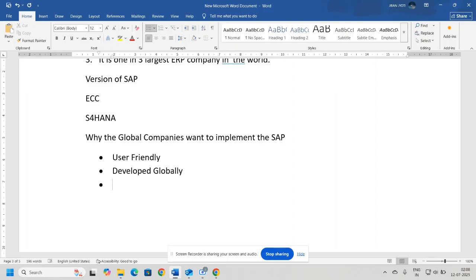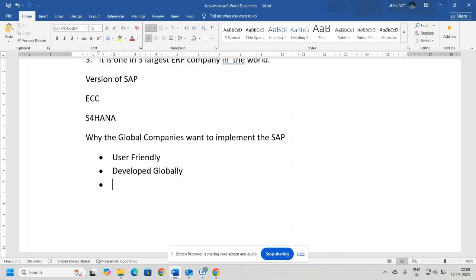Developed globally means SAP is developed so that it can be used in every sector of business, like the pharma sector, the manufacturing sector, and the automobile sector. So this is one of the essential and unique demands in the business market, that it could be accepted globally.